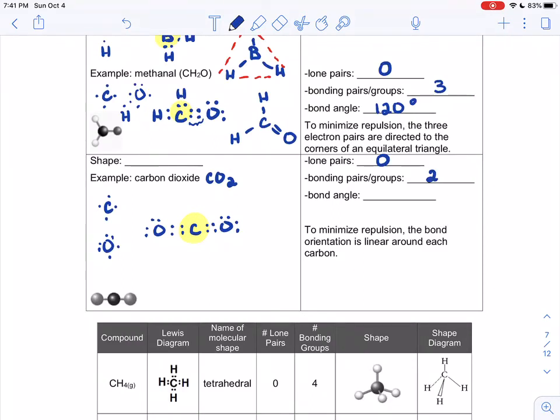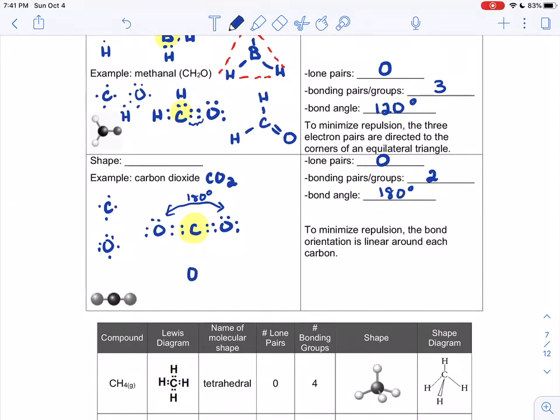Now, because they're completely opposite each other, and remember, they're trying to stay as far away from each other as possible, this bond angle is basically a straight line, which is 180 degrees. So to draw this, it will form a straight line. Remember that you can align it so it's coming out at you or going into the page, but there is a consensus of how we draw these.